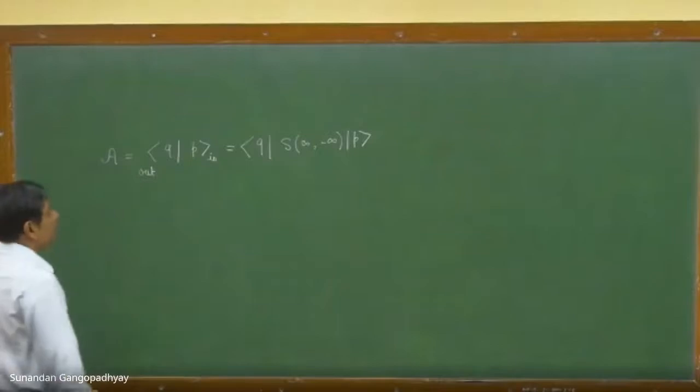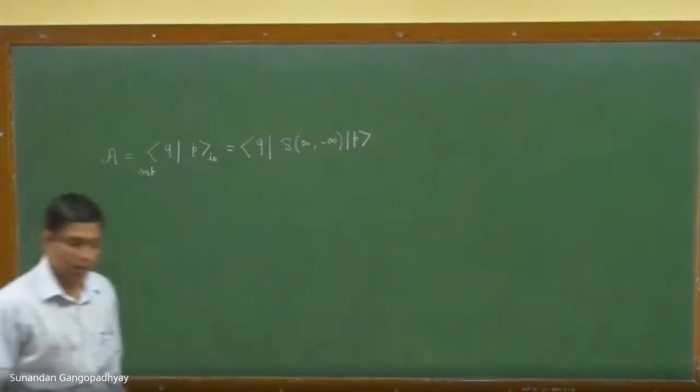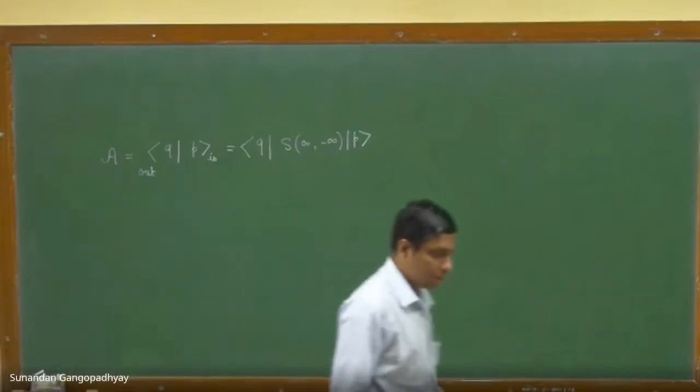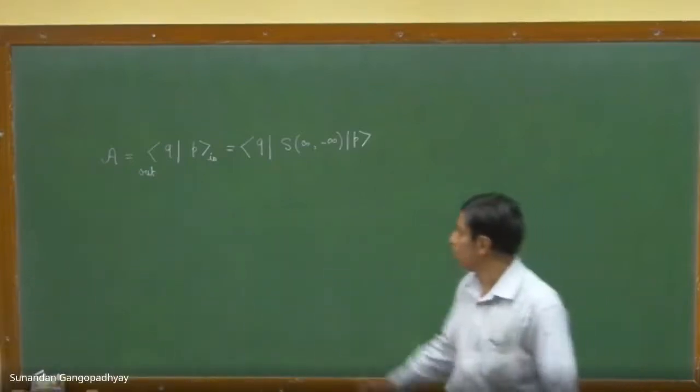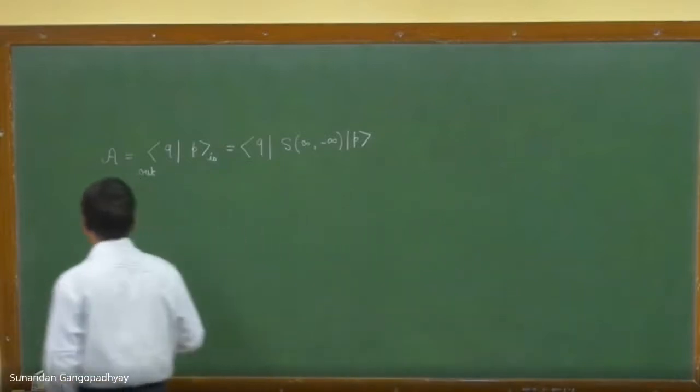And what we have done is that we have expanded the S matrix and kept terms up to linear order in the coupling constant lambda. We have considered a lambda phi to the power 4 theory, and we have kept terms up to linear order in lambda.